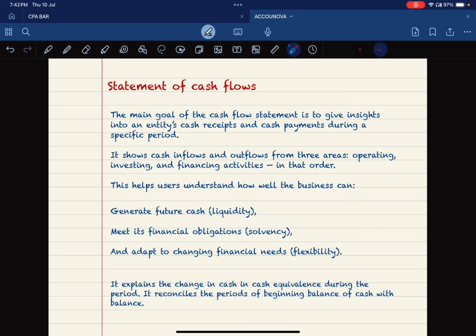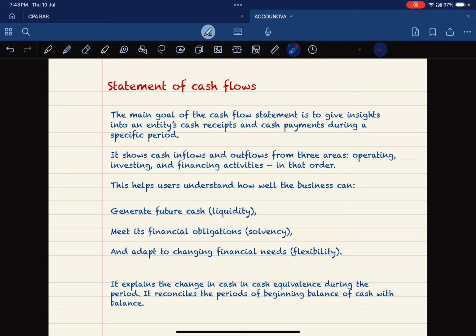Could it be to the business or to the outsider? Correct. So also it helps to assess the financial obligations of the business. How much interest is it paying? How much principal is it paying? So these are the information that we can get from the cash flow statement.